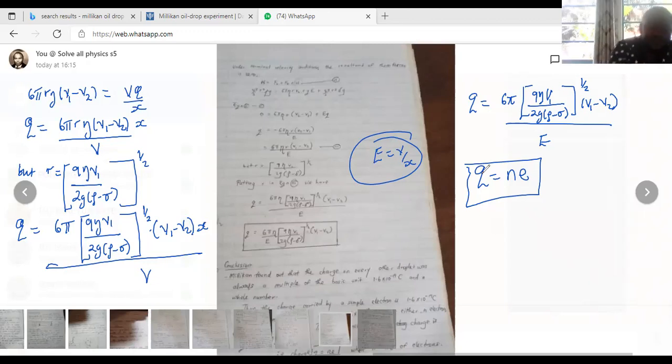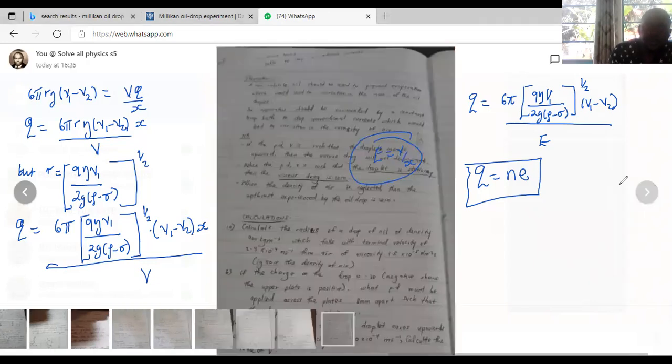Then secondly, the apparatus should be surrounded by a constant temperature bath to stop convectional currents, which would lead to variation of the viscosity of the air. So one may wonder, why do we use a constant temperature bath?